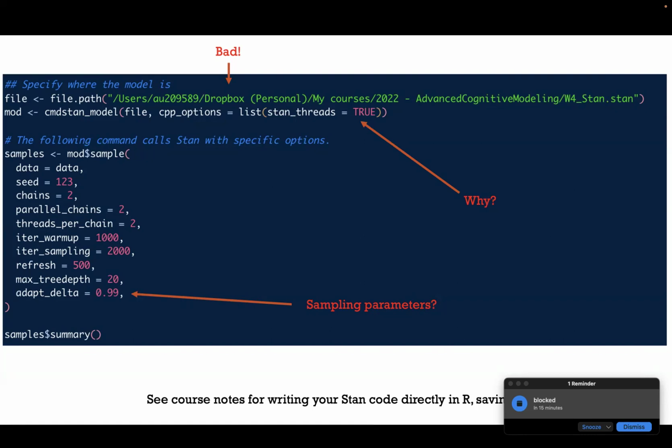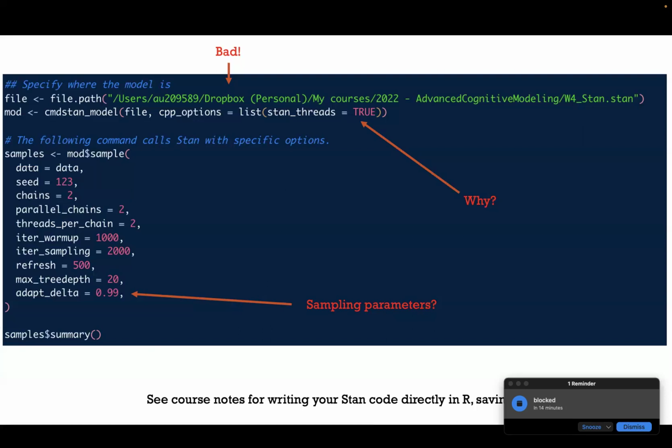Iter sampling is, once the algorithm is fine-tuned, how many times it should run. And here it's sampling 2,000 samples per chain. The refresh is simply how often it's going to tell you that it has run those iterations. If you put 500, it's going to tell you when it's done 500, 1,000, 1,500, 2,000, 2,500, 3,000.